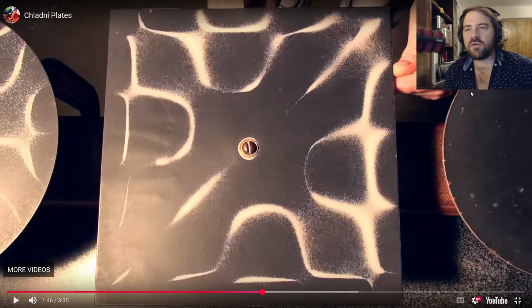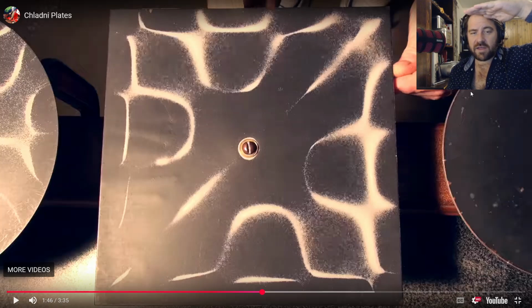And there's nodes and antinodes. The nodes are always going to stay in the same spot. An antinode is the opposite, and it's where the wave can be at its highest and then simultaneously the lowest, right? Because a wave is going to come up and then down, up, down, up, down. The node is always in the same place.